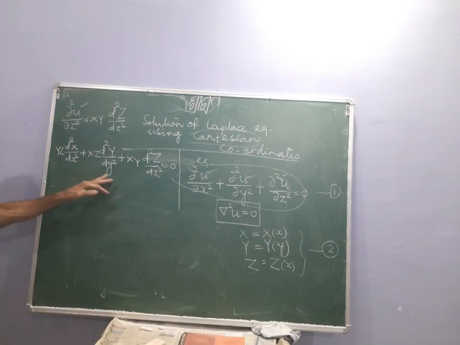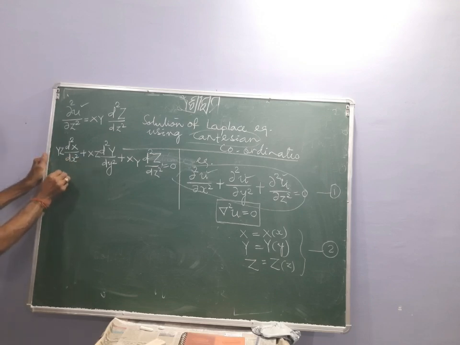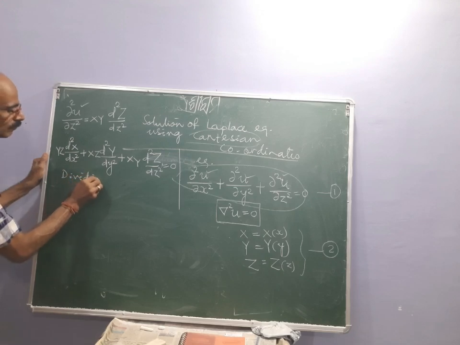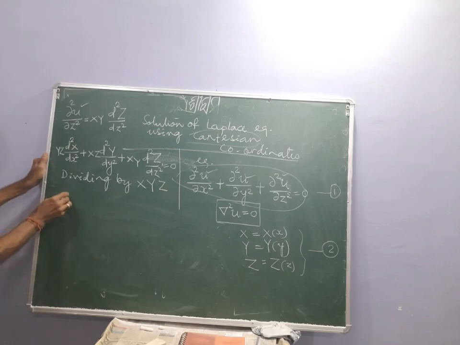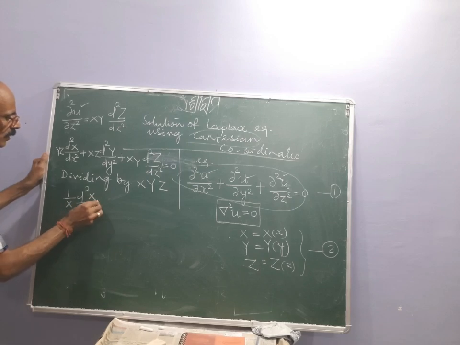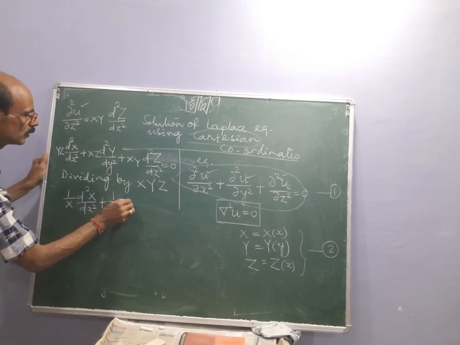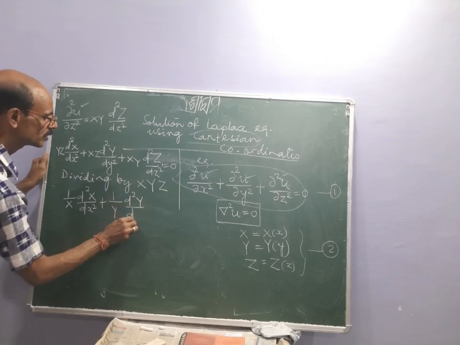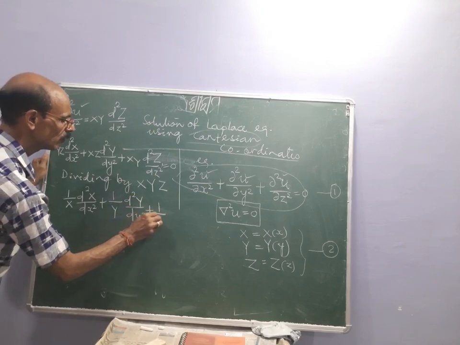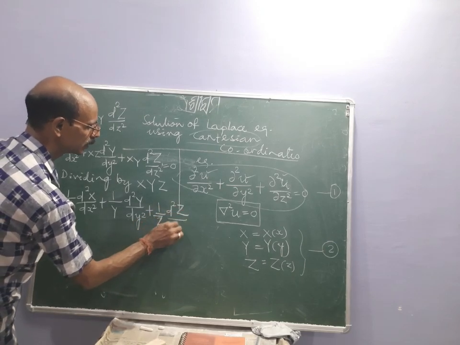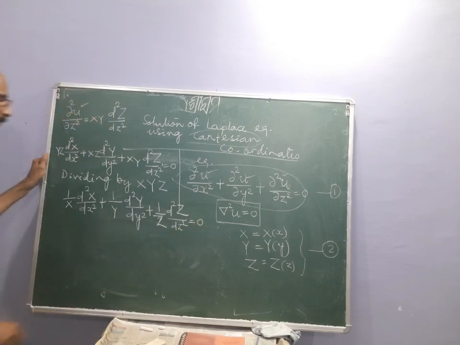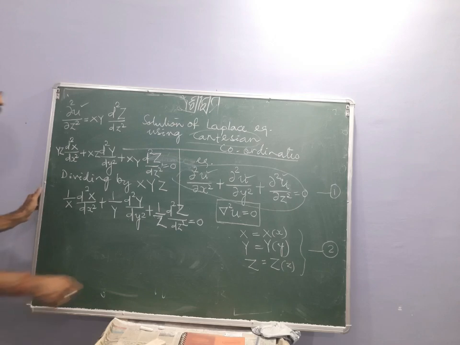Let us divide this equation by X, Y and Z. Dividing by XYZ, we get 1 by X d square X by dx square plus 1 by Y d square Y by dy square plus 1 by capital Z d square Z by dz square is equal to 0. Let it be equation 3.